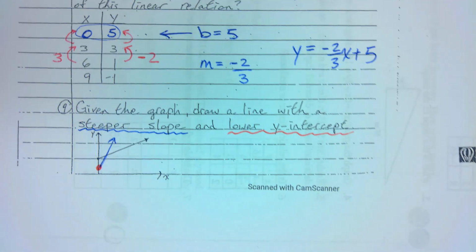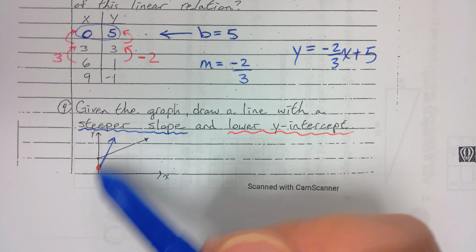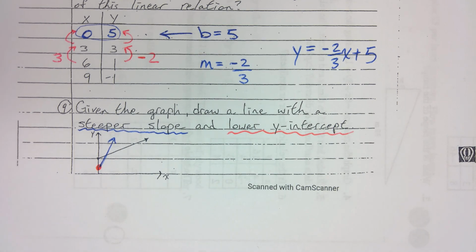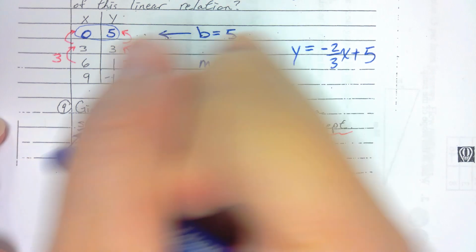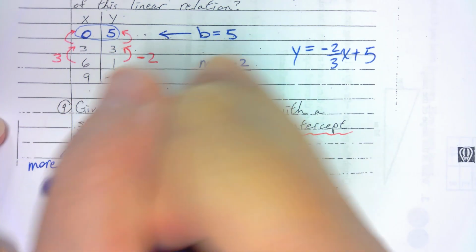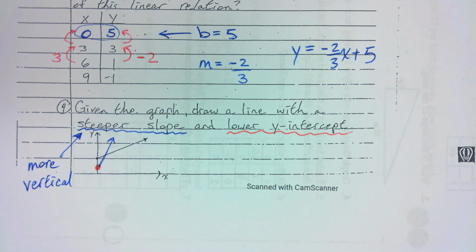And there you go. Okay. You can have different answers. But it will look somewhat like this. So steeper means more vertical. Okay?